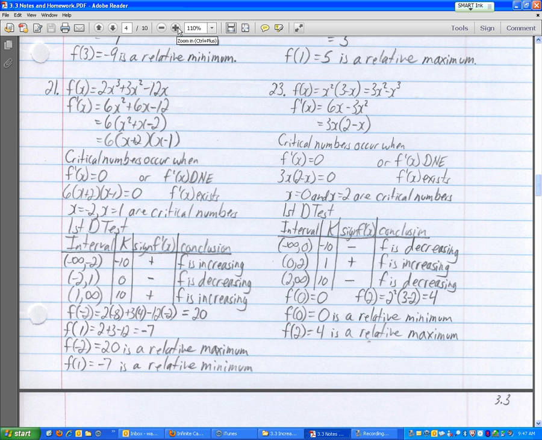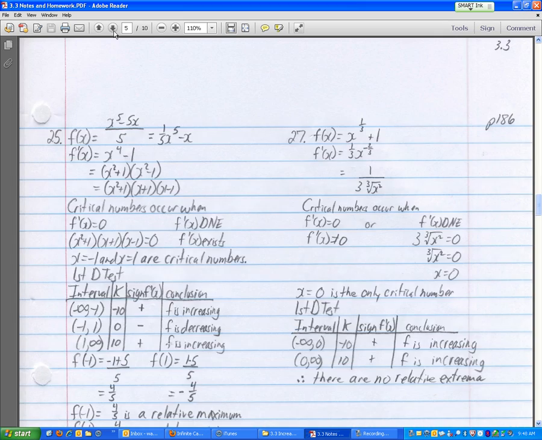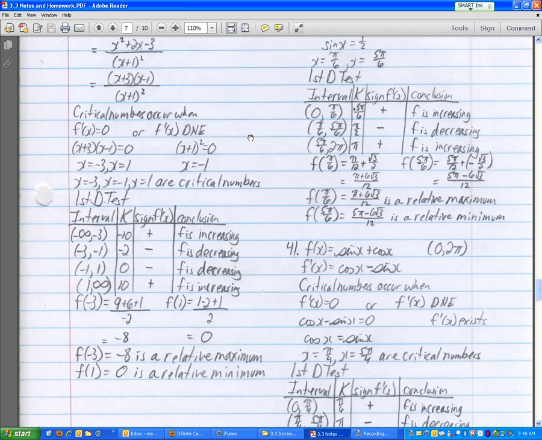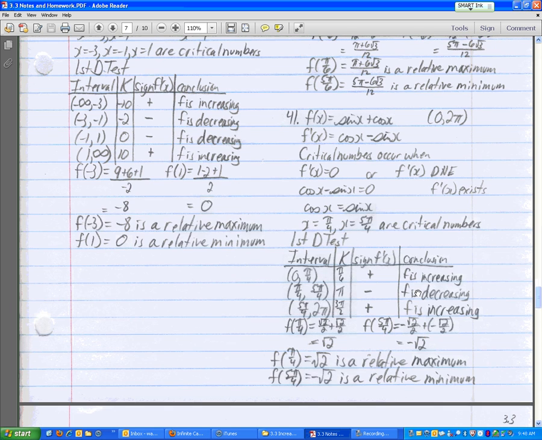All right, we'll go to 41 here in just a second. Anybody need this longer? There's 41.